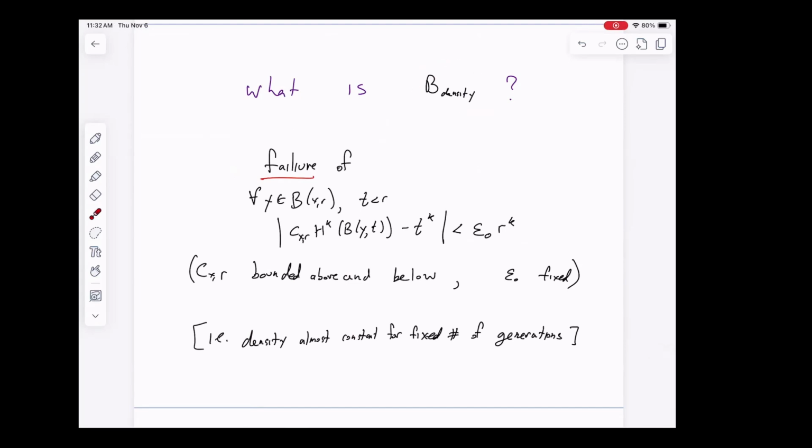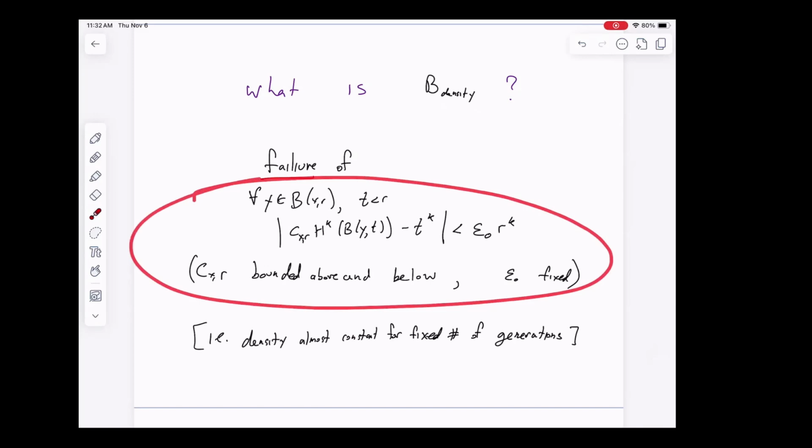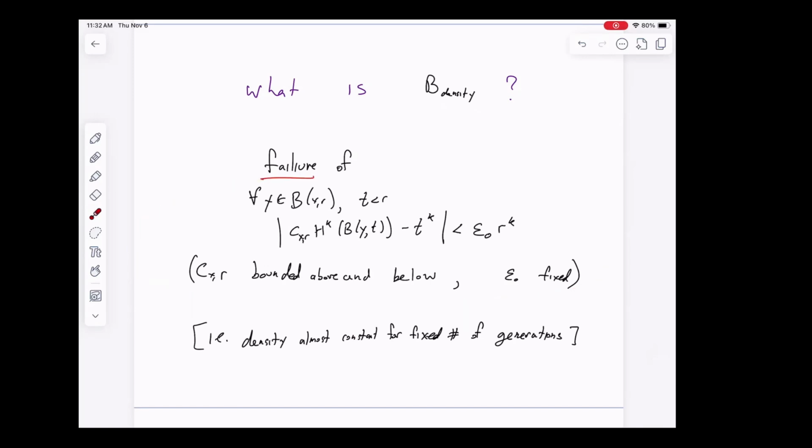So I need another collection of bad balls. What is my collection of bad balls with the subscript density? They're bad in terms of density. You're a bad ball if you failed something, and what you failed is the existence of a normalizing constant C and some epsilon.